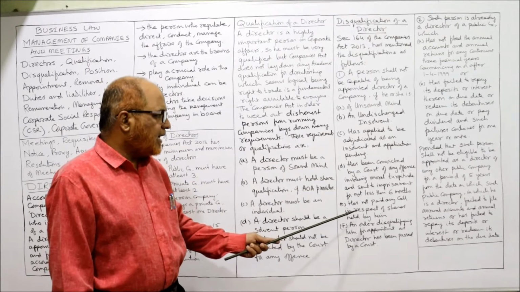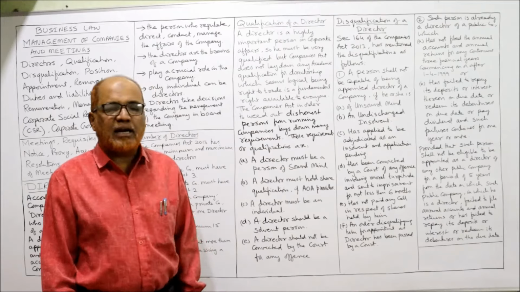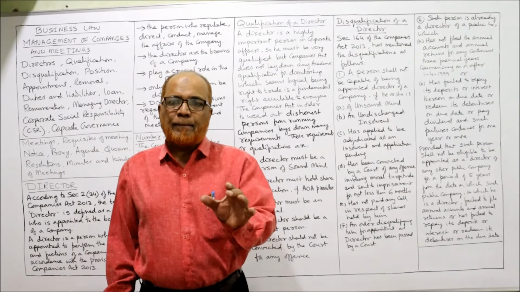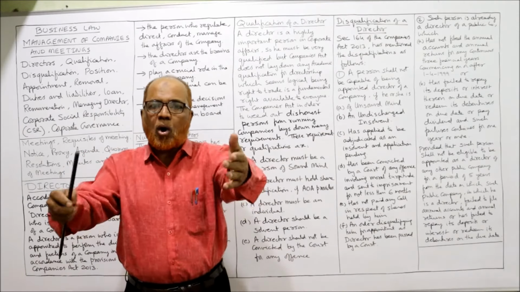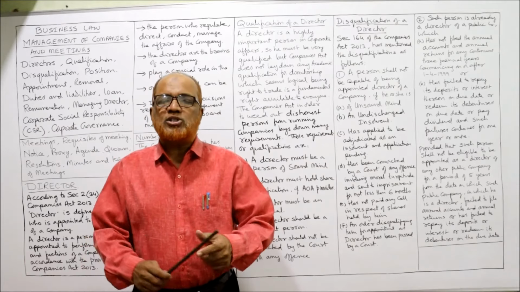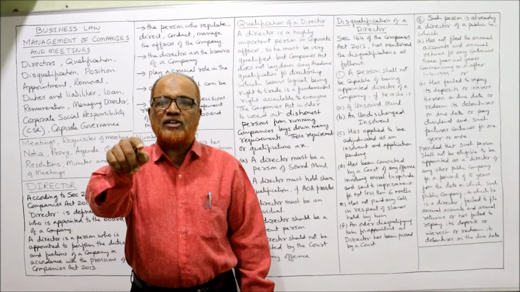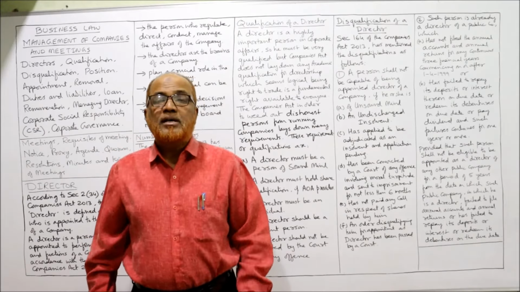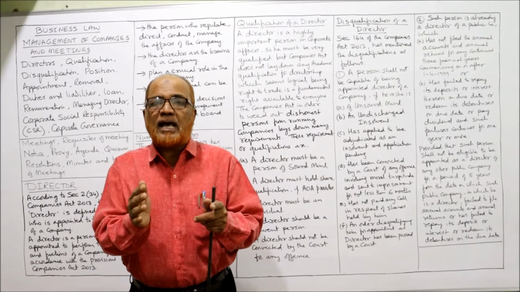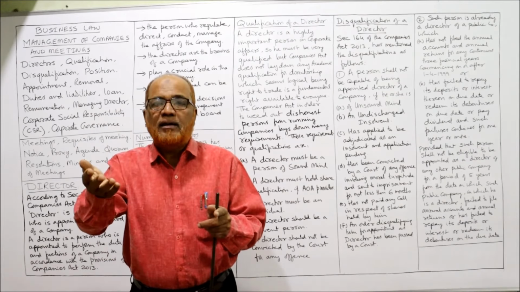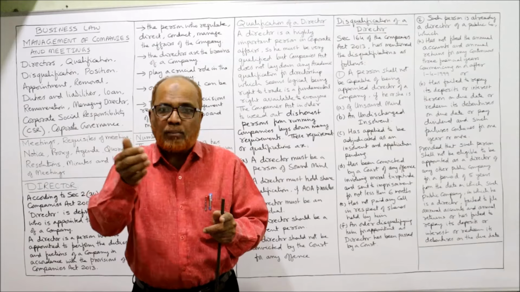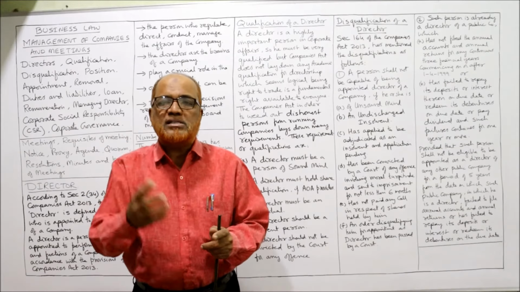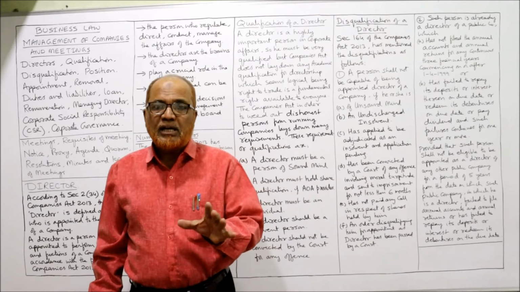Has not paid any call in respect of shares held by him. Call money. When the company has made a call to the shareholders, it is the obligation of the shareholder to pay the call money. Suppose a person has defaulted in making the payment of call money to the company for more than 6 months.